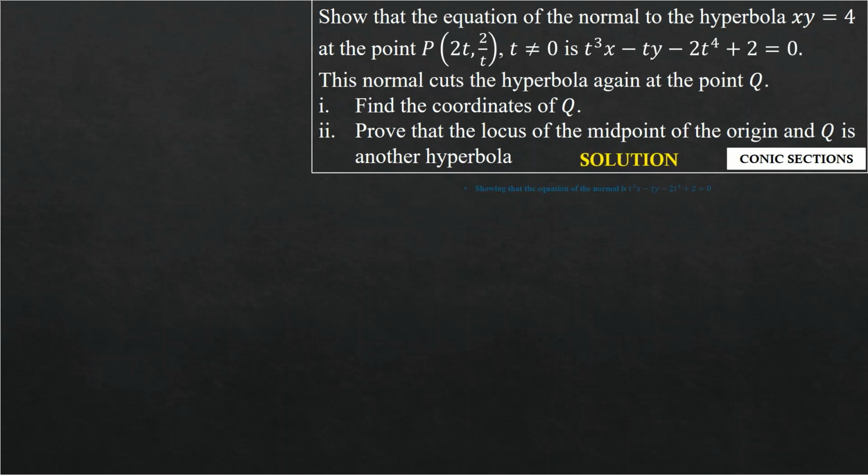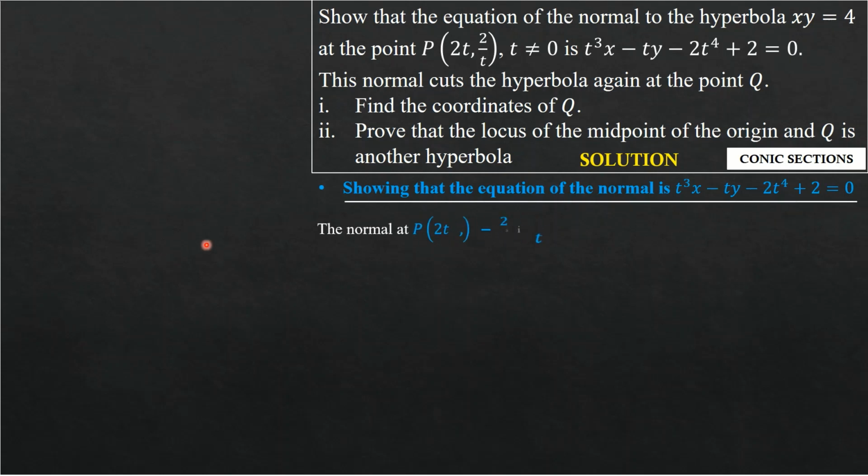So let's begin with the first part, which is asking us to show that the equation of the normal to our hyperbola xy equal to 4 at the point P having coordinates (2t, 2/t) with t different from 0 is given by t cubed times x minus ty minus 2t to the power 4 plus 2 equal to 0. Alright, so first we are going to define the equation of the normal.